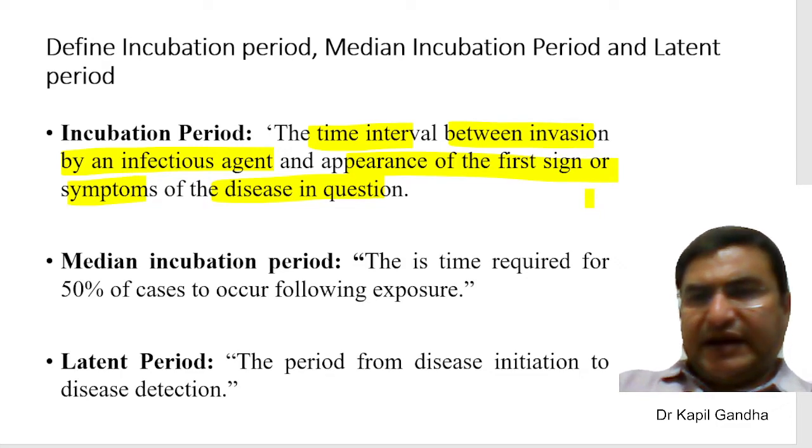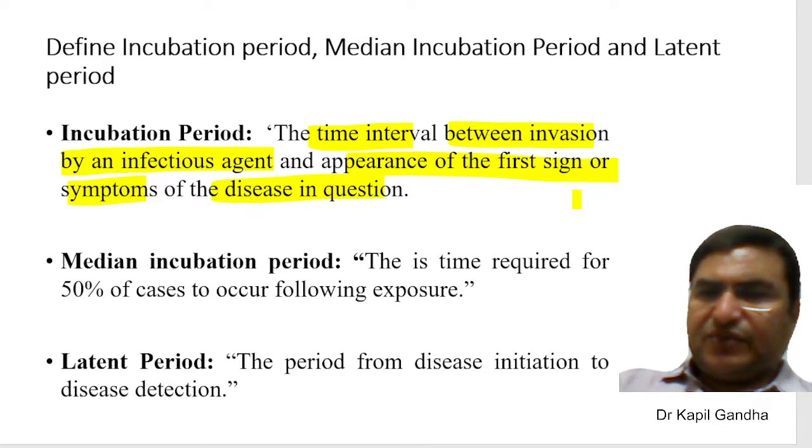The entry of the organism might have been 10 days before we see a frank case of measles with sign and symptom. Why is the concept important? Because a shorter incubation period gives an idea regarding the lethality, or how potentially transmissible or dangerous the disease is.